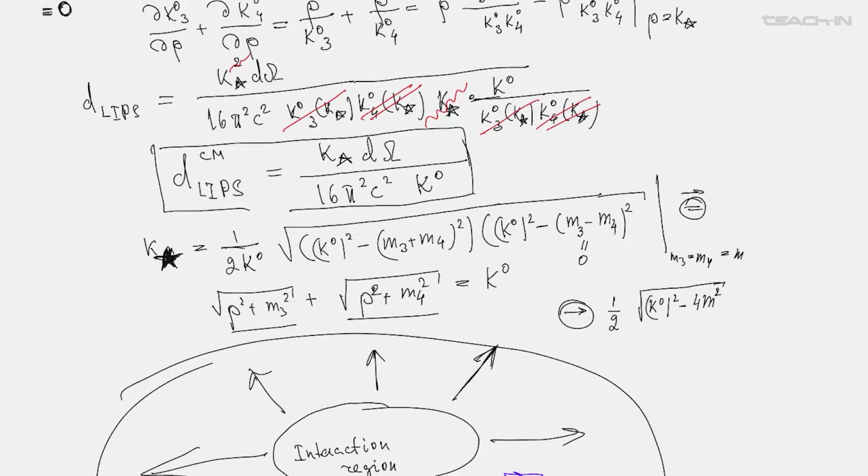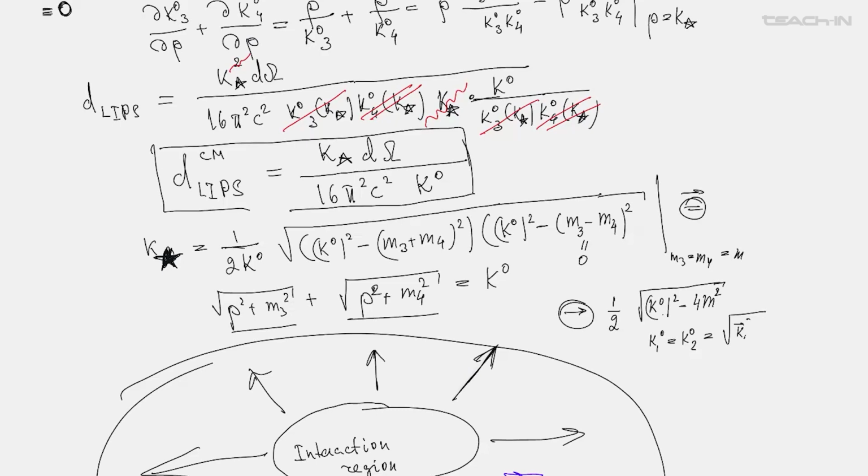And now, if you remember what K0 squared is: if masses are equal, then K10 is equal to K20, which equals the square root of k squared plus m squared.